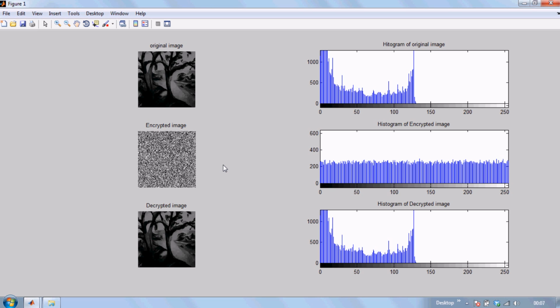One other advantage is there is something called a differential attack that is carried out in order to decrypt images. For example, consider the same original image. I'm going to encrypt it and I get this. In order to find the algorithm, I'll change the first pixel value alone, encrypt it again, and see where that pixel goes.